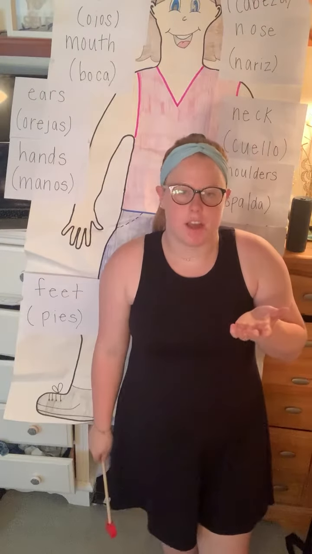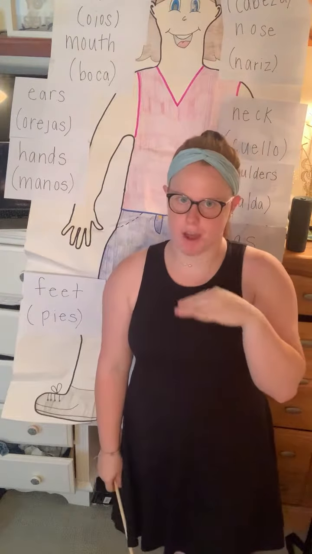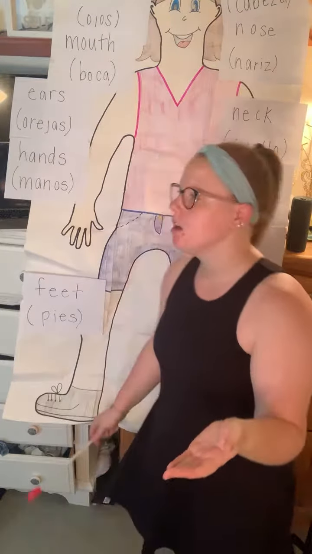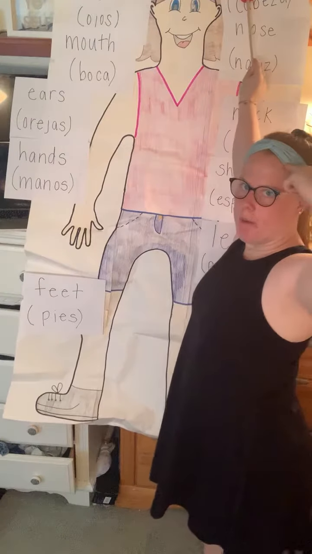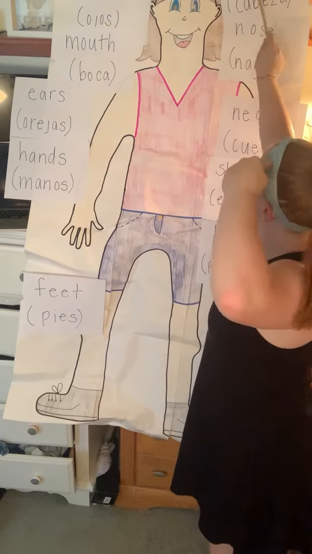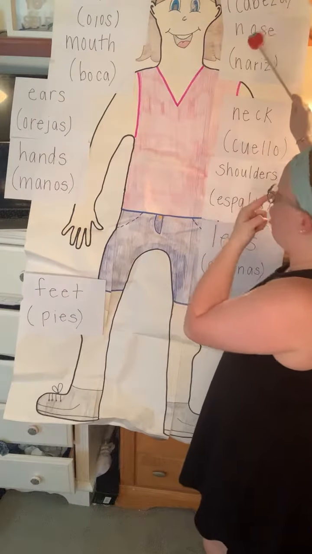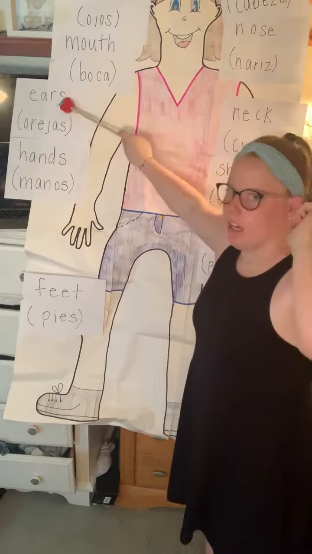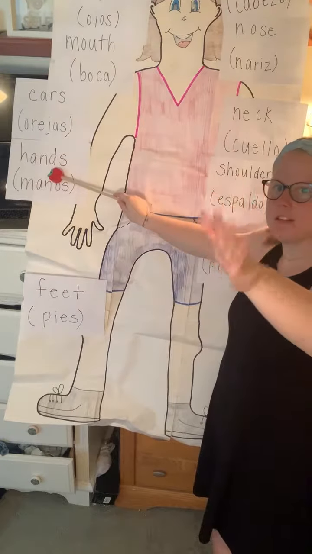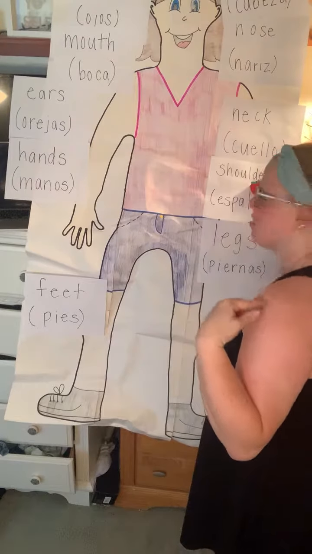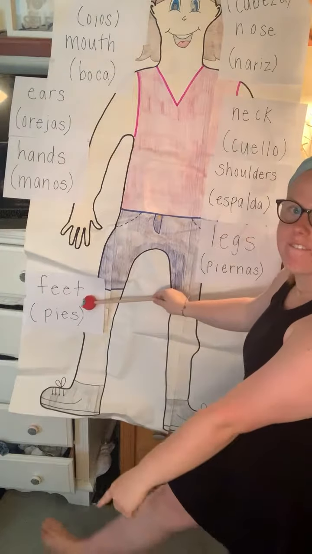After they're finished, I have all the students make sure they have all the parts labeled on the matching sheet. And as a class, we're going to go over the answers. I would point to the part of the word and point to the body part on my body. Head, eyes, mouth, nose, ears, neck, hands, shoulders, legs, and feet.